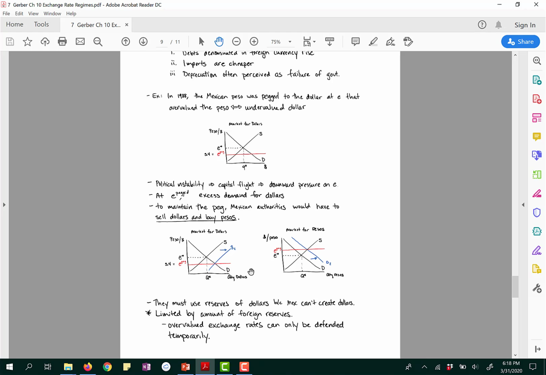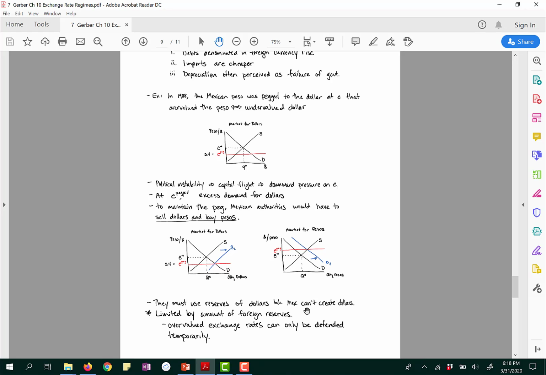Where do they get the dollars to go out and buy pesos? When I say they sell dollars, where do they get the dollars? They get those dollars from their foreign reserves. But the problem with using foreign reserves is that you only have a limited quantity. Mexico obviously can't print dollars.